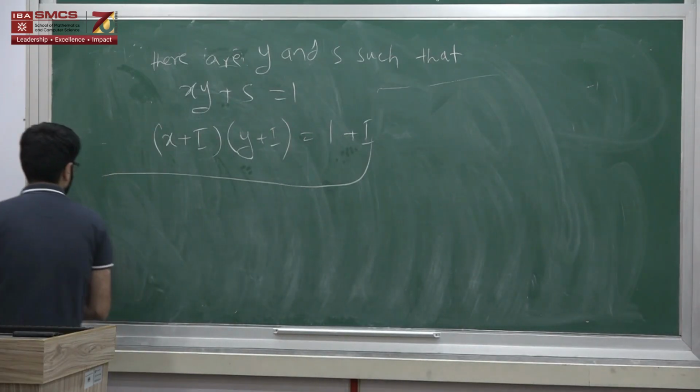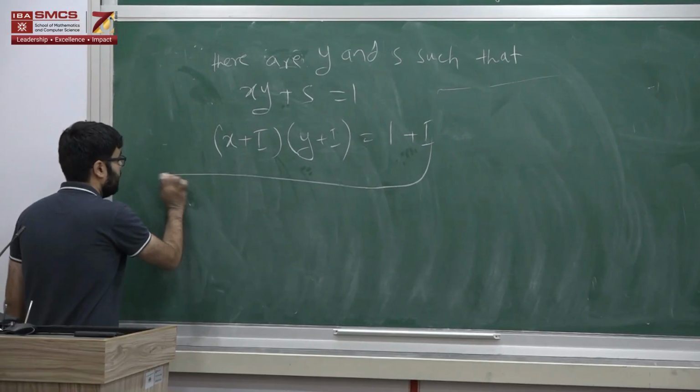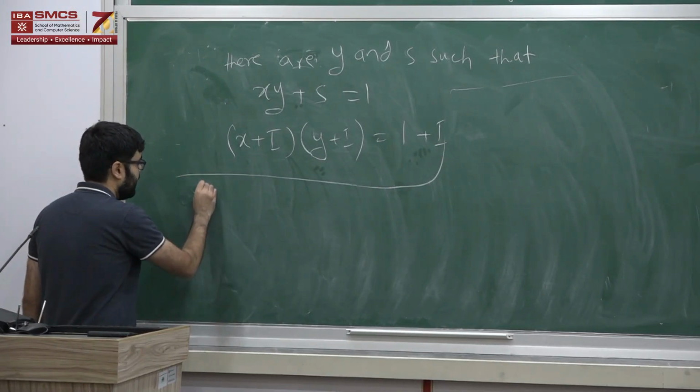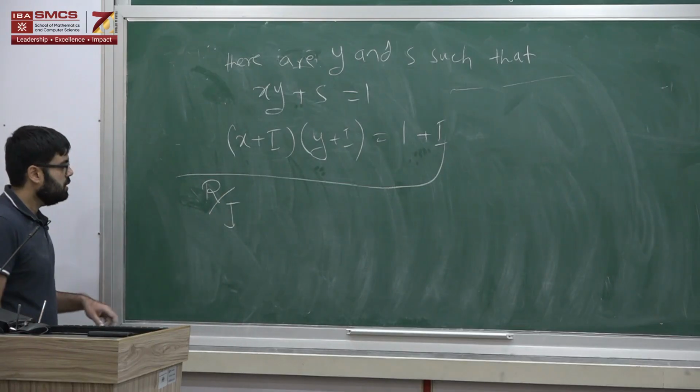So what I have is an ideal. So I have some ring, so I have R mod I. So this is a field.